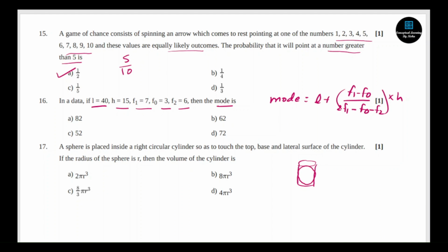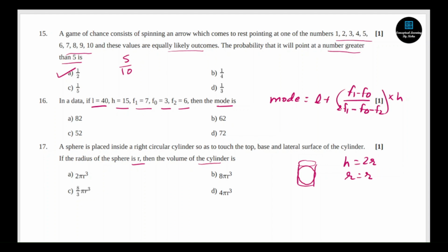So the height of the cylinder is the same as the diameter of the sphere, right? What we have to find: if the radius of the sphere is r, the volume of the cylinder is how much? The radius of the sphere is r, so the radius of the cylinder is also r and the height is 2r, right?